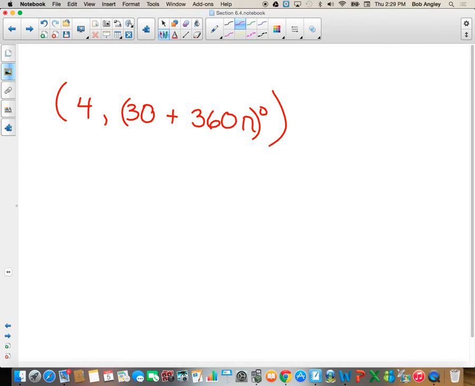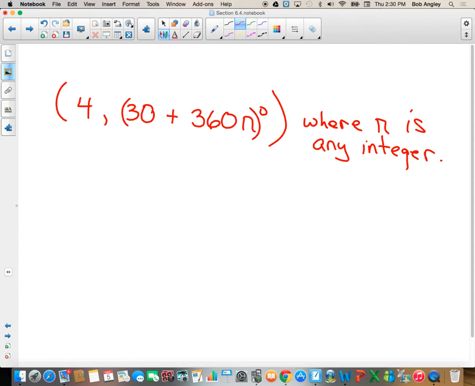Now, what I'm going to write out to the side here is where n is any integer.